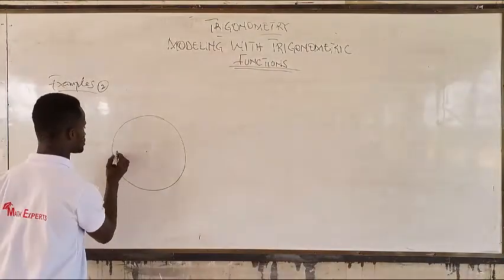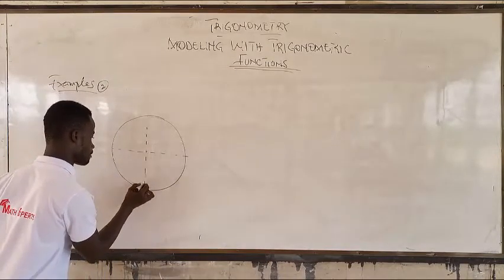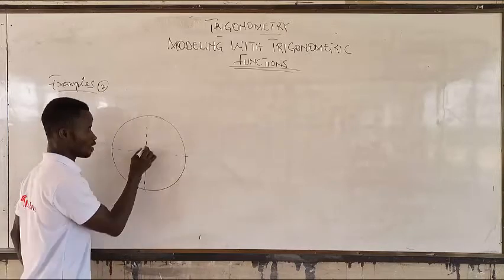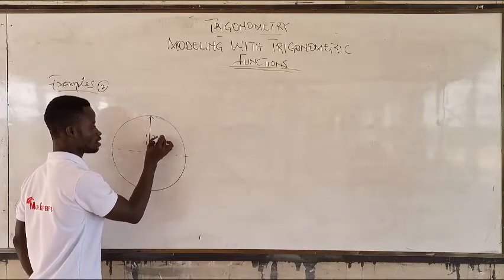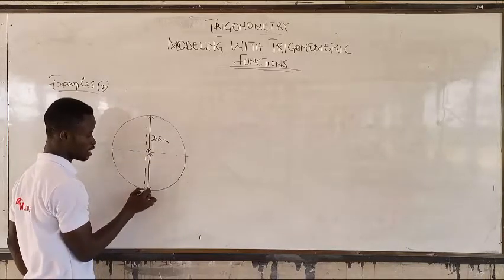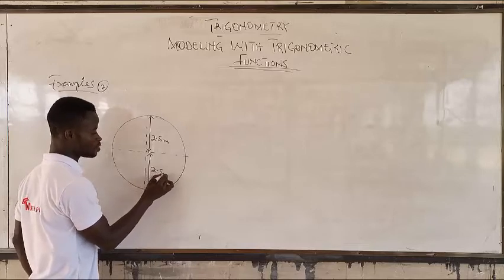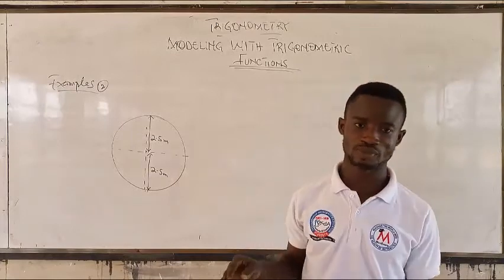So the radius from here to here is 2.5 meters, and it will be the same from here to here. Nice. Take your time, okay? And do it. Let's continue.